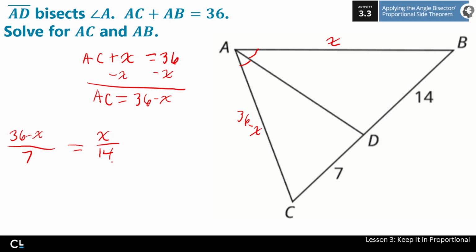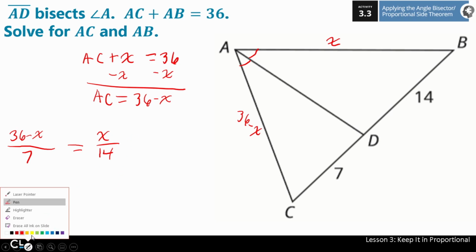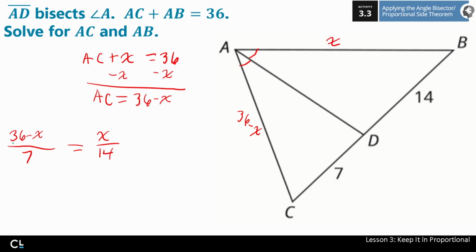And once you have that ratio set up, it's basically the same thing that we've been working on. Now this one's going to be a little different, once again, because of the fact that when we cross multiply our first one, we're also going to have to do what we call distribute, right? Because that numerator, 36 minus X, is 2 terms, we're going to have to say is 14 times 36, which gives us 504.